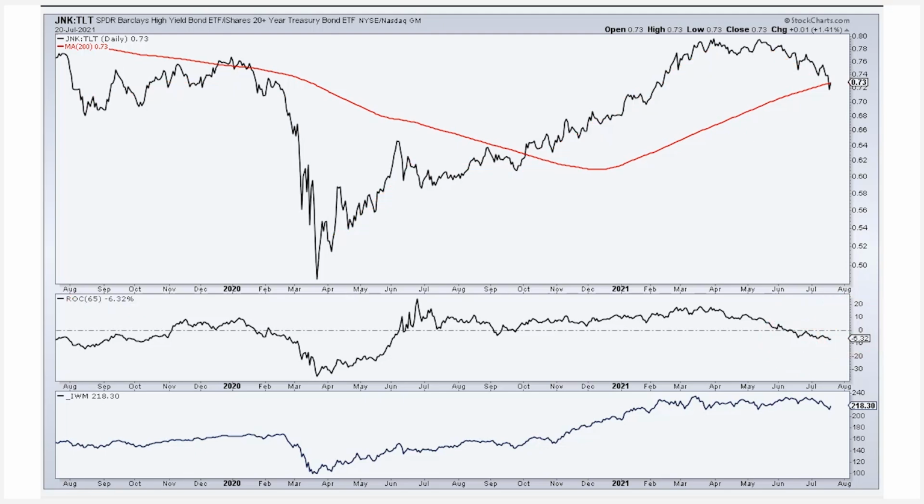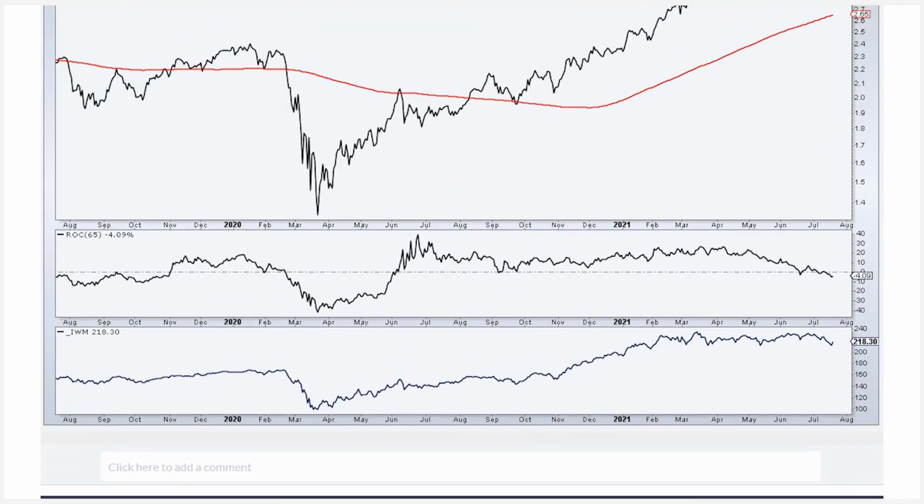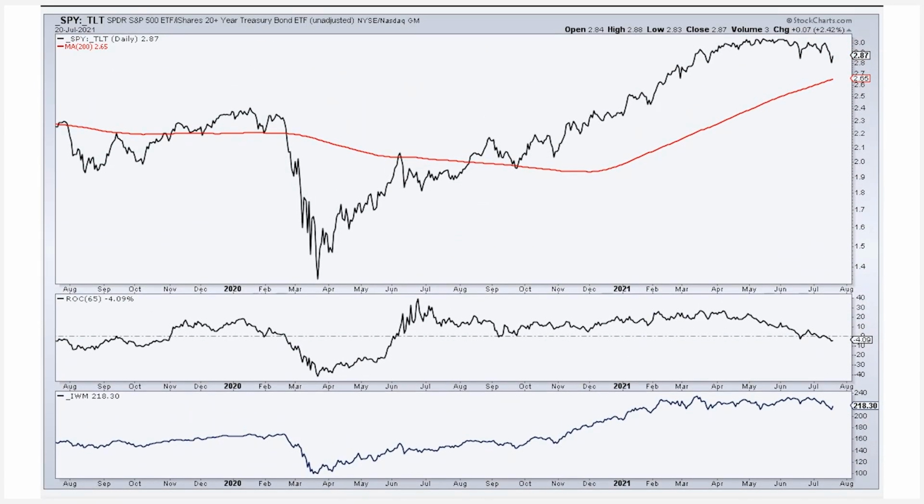Now, this next ratio I want to show you is stocks, SPY, which is the strongest ETF out there for the broad market, relative to TLT, and I'm not using dividends in this. I've got underscores. I'm interested in price appreciation. I'm not interested in the payouts, and that's why I show unadjusted data.